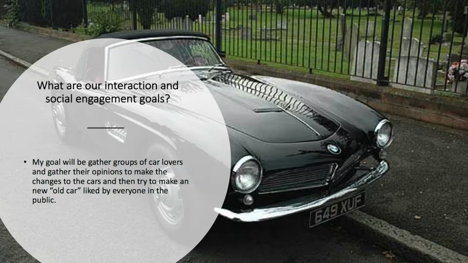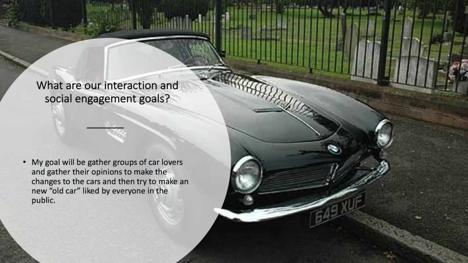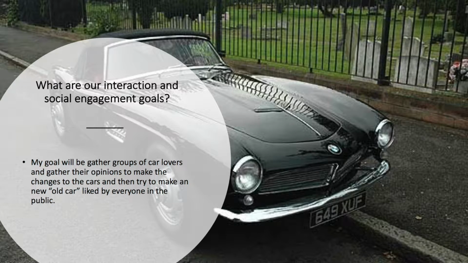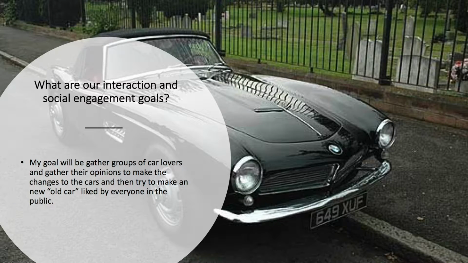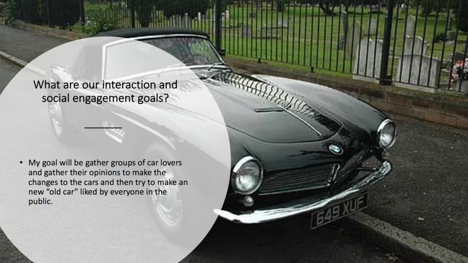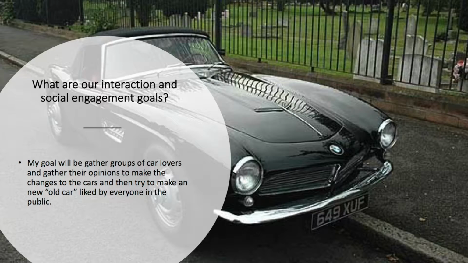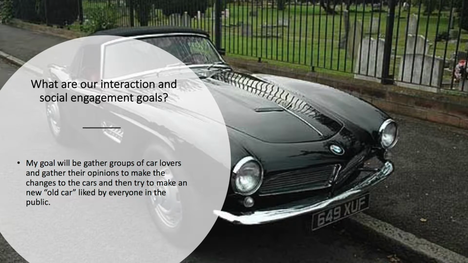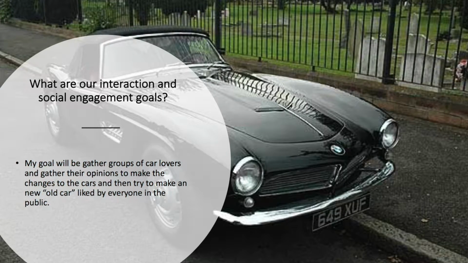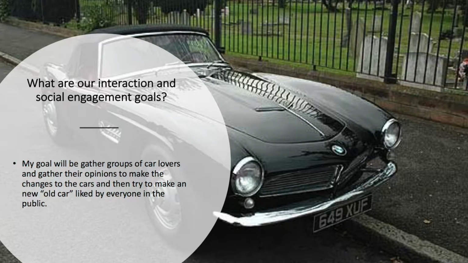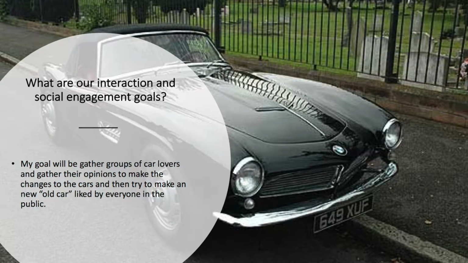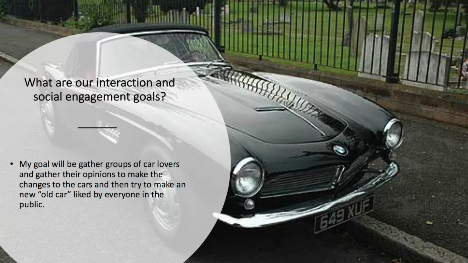The next point in my presentation is what our interaction and social media engagement goals are. My goal for the plan is to gather groups of old car lovers together and gather their opinions to make changes to the old cars, and then try to make new old cars liked by everyone in public.